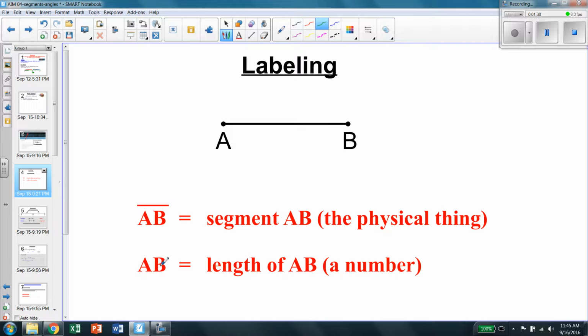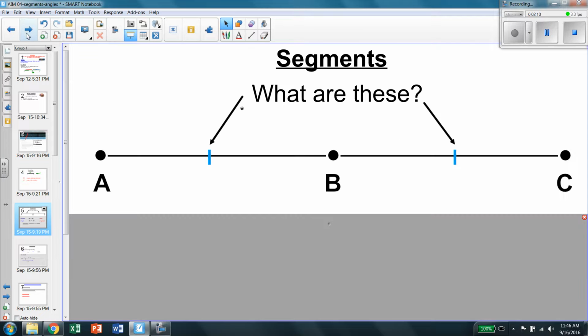When you're referring to its length, say you knew that this segment was 5 units long, well, you would simply write it out, AB is equal to 5 units, and notice that the line is not above AB, so that's just telling you that that part is 5 units long. I know, strange, right? Why wouldn't it be the same? Well, that's an agreement mathematicians came to for some other helpful reasoning.